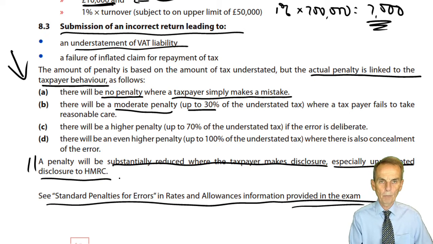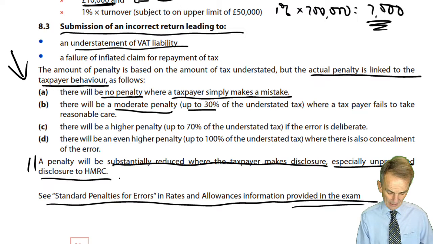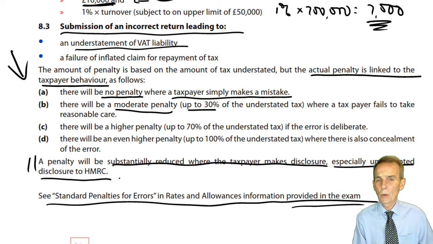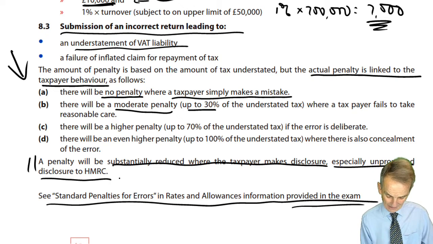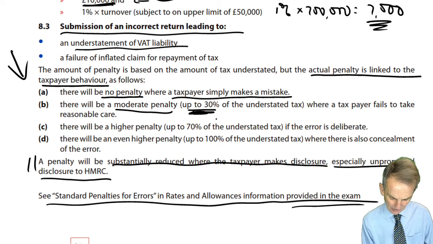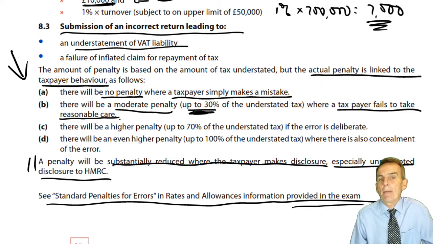We therefore, unprompted, go to HMRC in terms of telling them what has happened here. Again, we disclose it on our next VAT return, as we've already stated there. And that therefore will lead to a reduction in the amount of that penalty. Again, this up to 30% is where a taxpayer fails to take reasonable care. So is that what has happened? The fact that we've identified this may simply be an indicator that it was simply an error. We failed to take reasonable care. That happens.